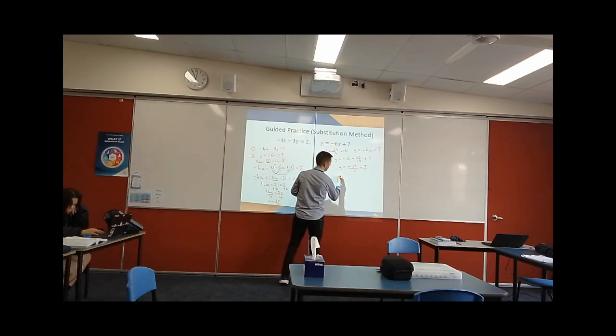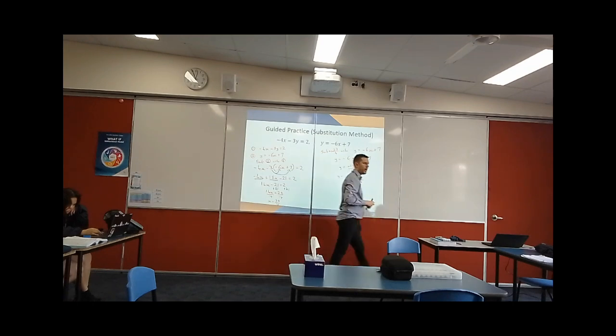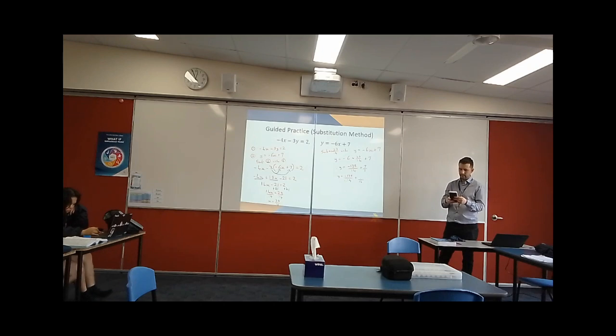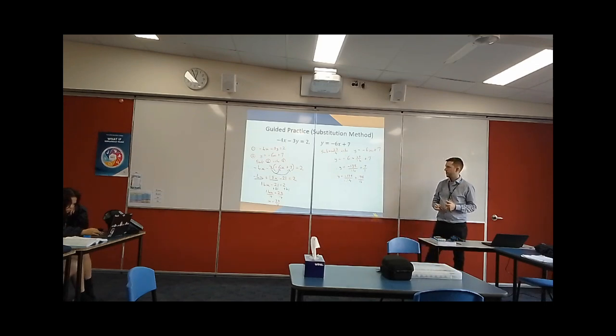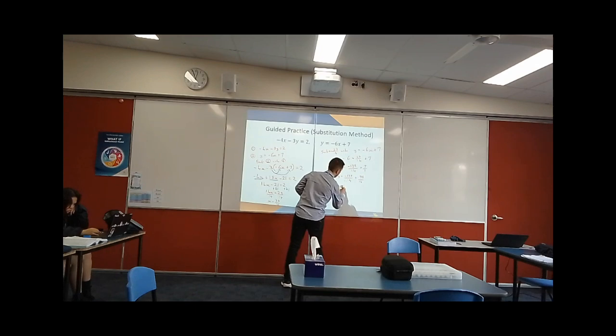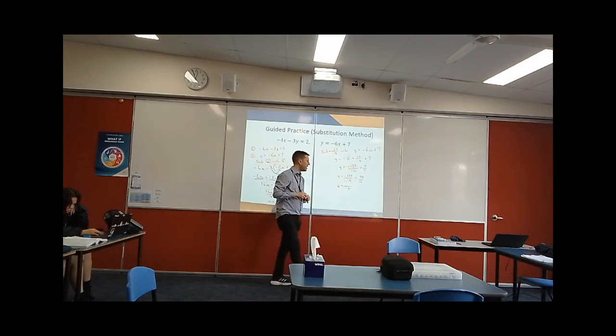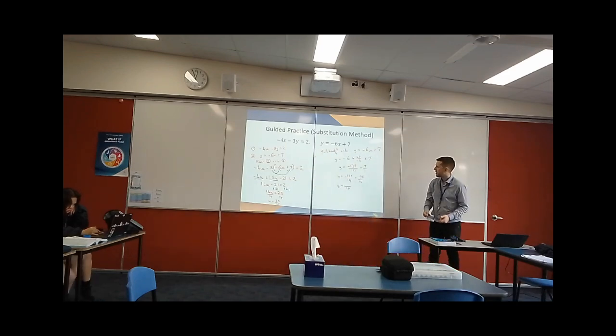I've made 7 the same as 7 over 1. I want my fraction to be out of 14, so I need to times 7 by 14, which is 98. Only thing I need to do now, I've got my denominator of 14 and I'm just going negative 138 plus 98, which gives me 40.